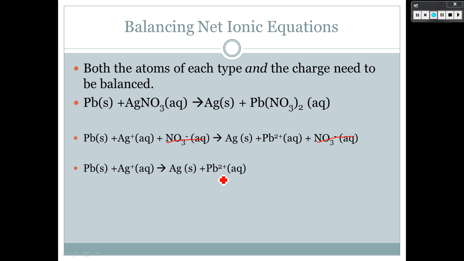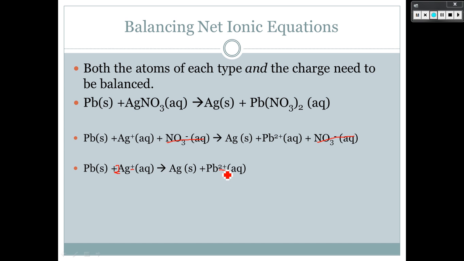So first, let's balance out. Now, if you just look at atoms of each type, you'll notice that's balanced. We have one lead, one silver, but the charge is not balanced. Here our charge is a 2 plus, here our charge is a 1 plus. So we need another silver ion, so I'm going to squeeze a 2 in here, in order to balance that charge. Now we have 2 pluses, which gives us a 2 plus charge, and that balances out our 2 plus here.